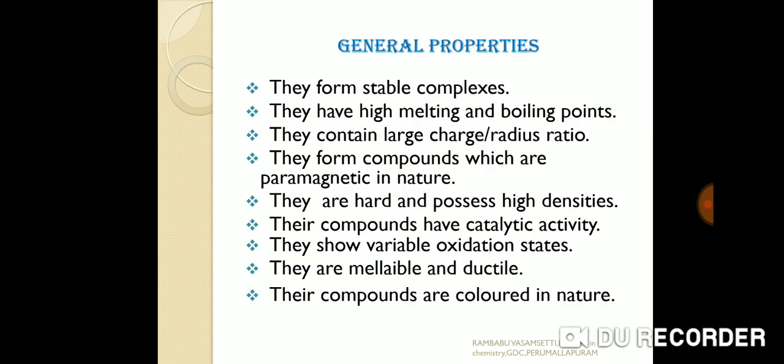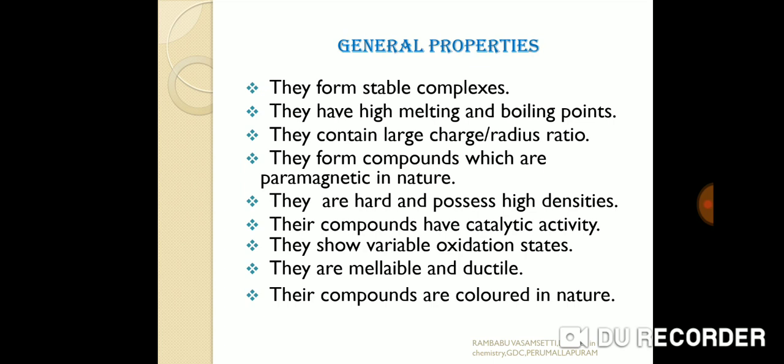And then we are going to the general characteristics of the D block elements, or the transition elements. Most of the transition elements form stable complex compounds like potassium ferrocyanide and hexamine cobalt(III) chloride. So they can form stable complexes, and they have high melting and boiling points because they have good metallic properties.